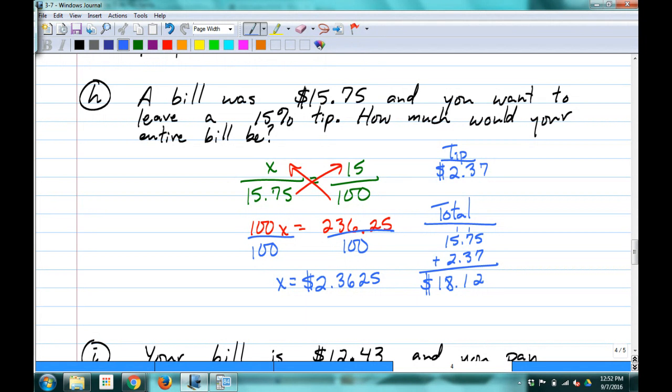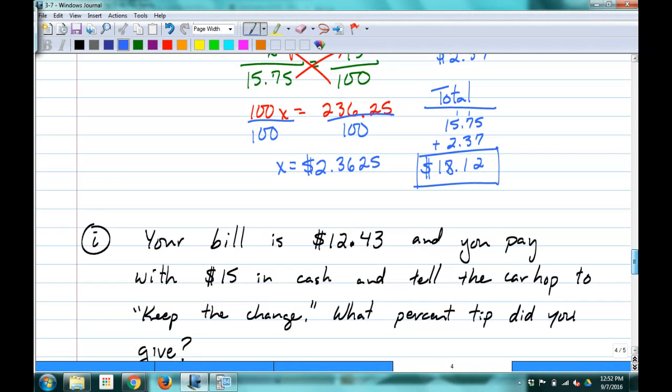That's how much we should pay or write as the total on our receipt. $18.12, leaving that much of a tip. Now you may enter the debate: do you tip on the tax? Well, their wages are going to be taxed, so I always do. But some people don't. Some people only tip on the bill part.